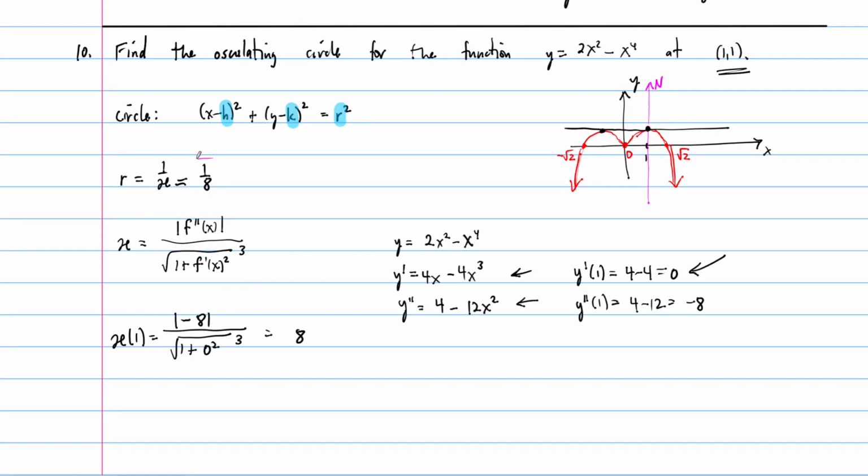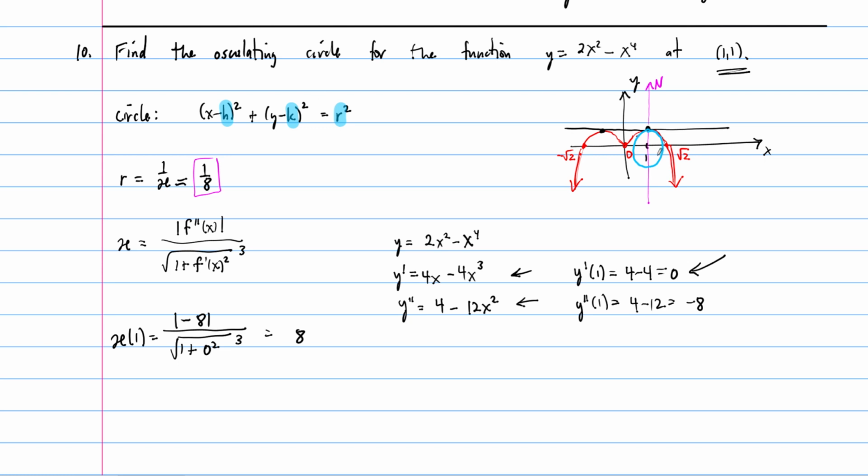Where does it have to live? Well, it has to live this many units away from the curve so that the circle is tangent at that point. So now we know that our circle is going to look something like this. My scale might be completely off here, because the height of this is 1 but the radius is 1/8.